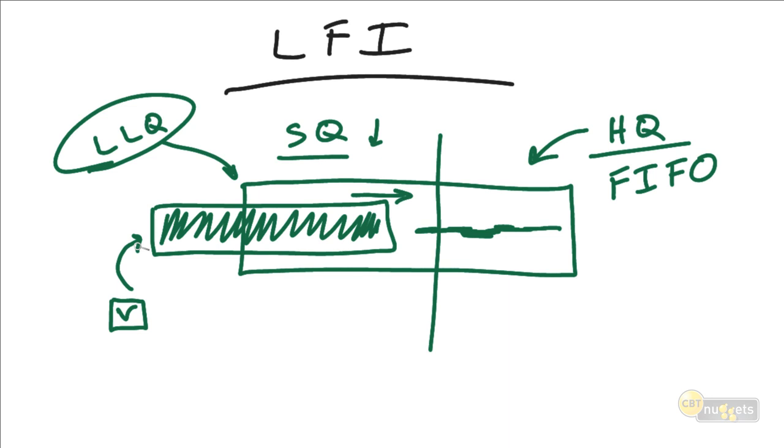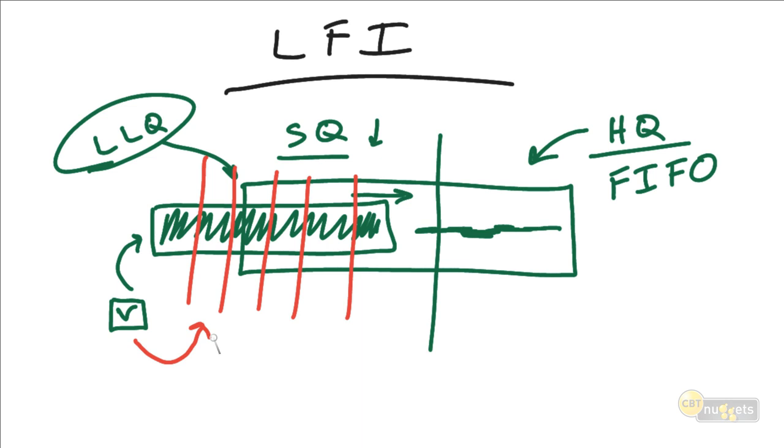Yikes. Link fragmentation and interleaving solves this problem. How does it solve it? It takes big jumbograms and fragments them. It chops them up so that if a voice packet were to arrive, it can be snuck in between the fragments. What a cool idea.